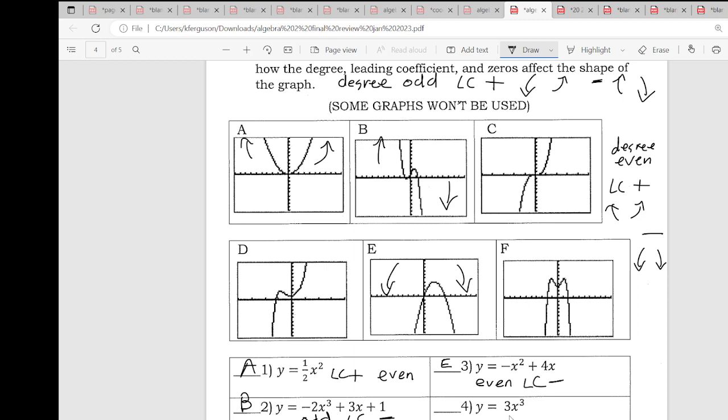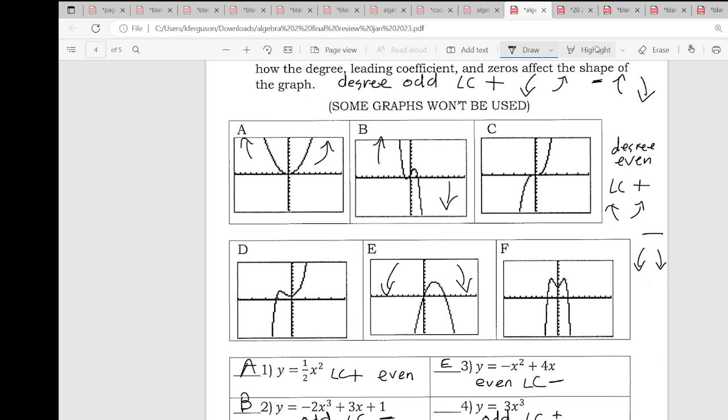And then last but not least, what about number 4? What's the degree? So we got an odd degree, and what is the sign of the leading coefficient? It's positive. So odd degree and positive says I go down when x is at negative infinity, y is at negative infinity. And then when x is positive infinity, y is positive infinity.